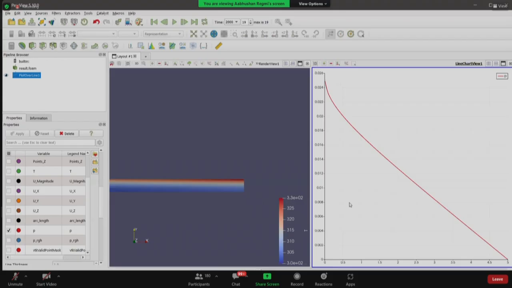So this is how my pressure profile develops across the line. Initially at the entrance, my pressure is very high, that is 0.0249. It may not be high, but it is just larger than my 0. So what we have to look at is the pressure difference, not the absolute value of pressure, as I pointed out before. At the outlet, the pressure is 0, as we defined in our boundary condition.